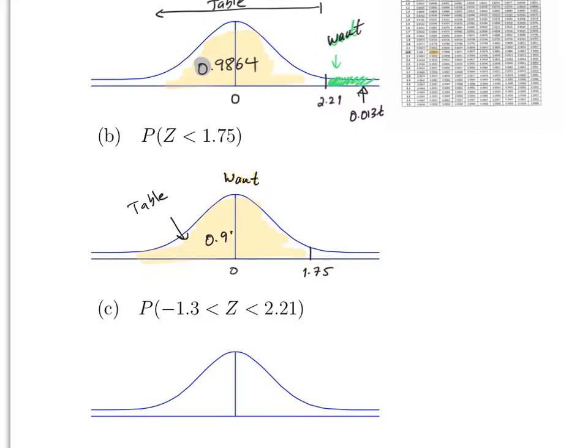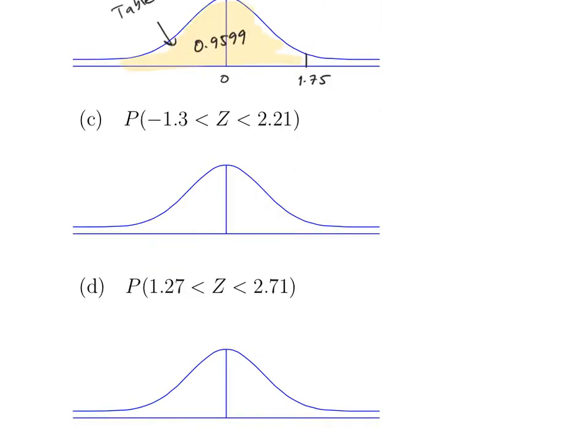This is 0.9599. Well, remember, you want the yellow area, you don't have to modify anything. So the answer is just 0.9599. And that's it. The next one is a little bit more tricky using the table, but it will help you understand the table very well.